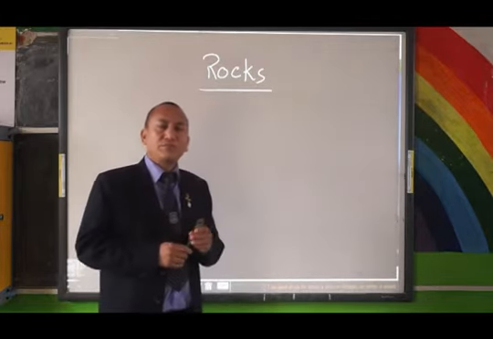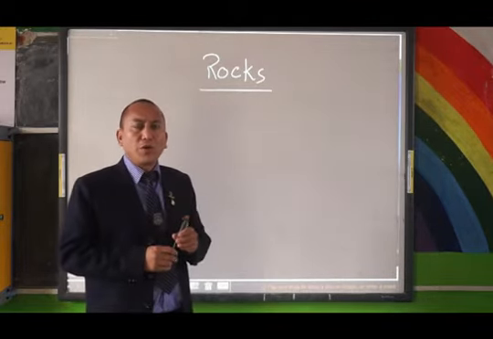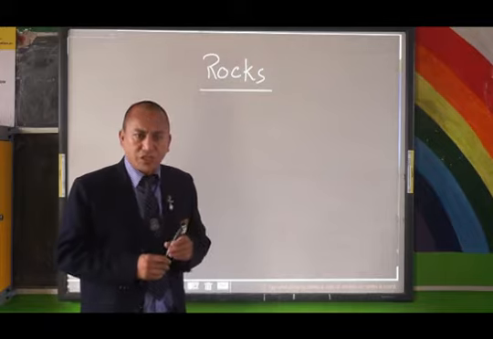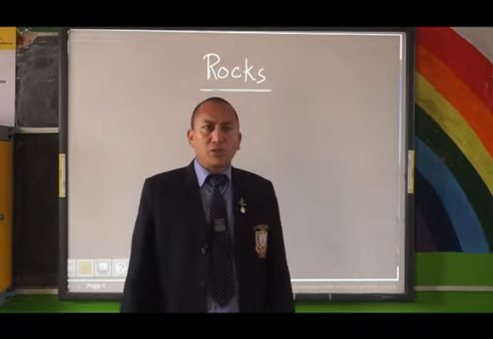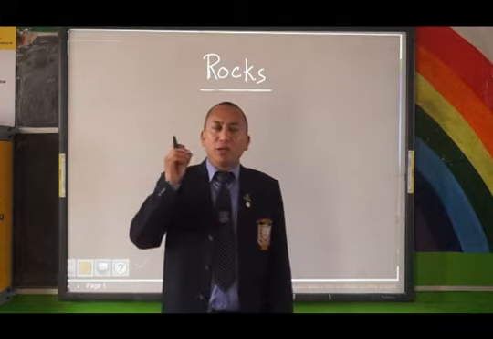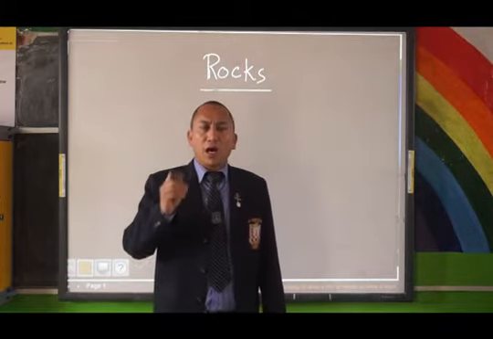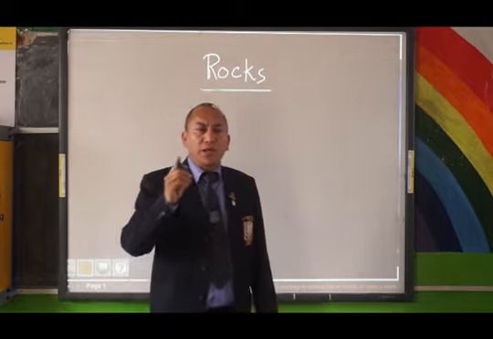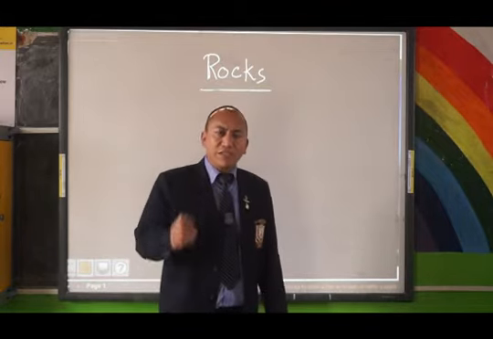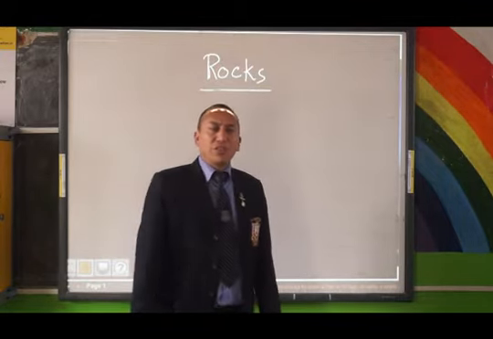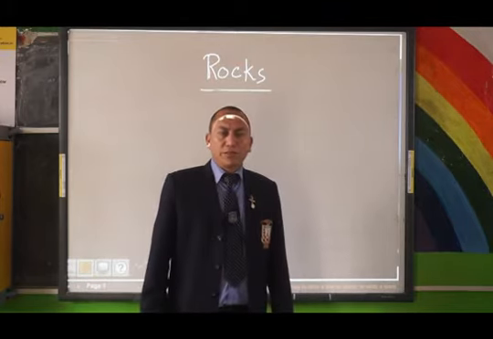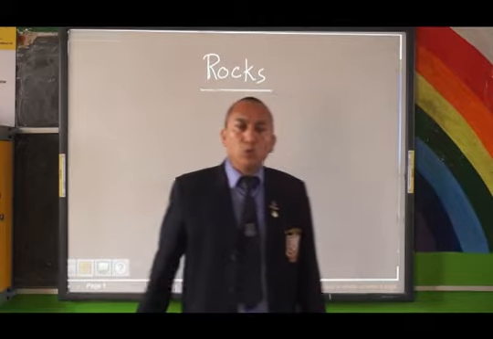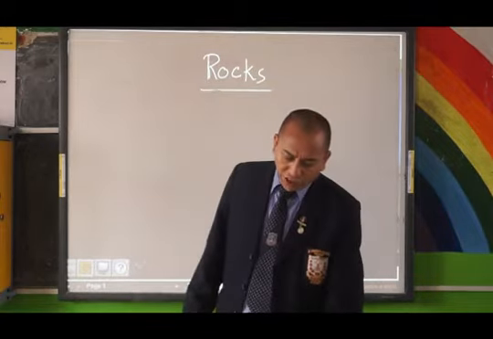Minerals are homogeneous. So we are doing minerals, and I told you minerals are naturally occurring hard, solid, inorganic substances which have a definite chemical composition and physical property. That's very important. Minerals are homogeneous in their composition.